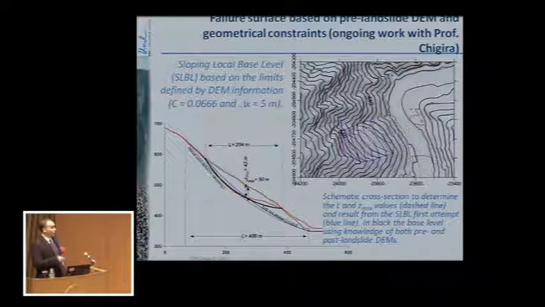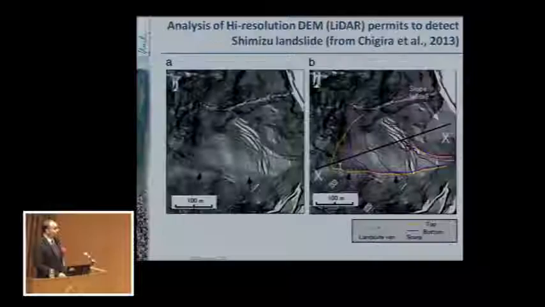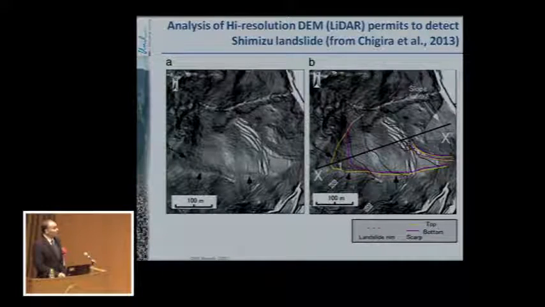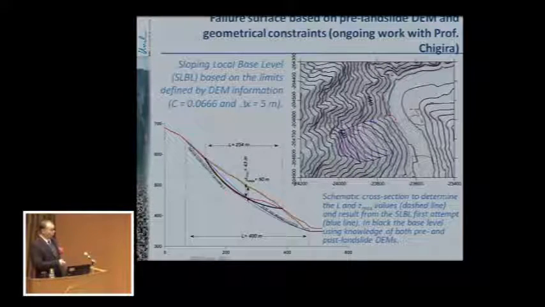If you make the delineation of the landslide on the DM, like in this previous image, then you can, with a simple procedure I will not explain in detail, make a first assumption of the failure surface, even if it didn't occur. This is the slope before, and this is the slope after in red.